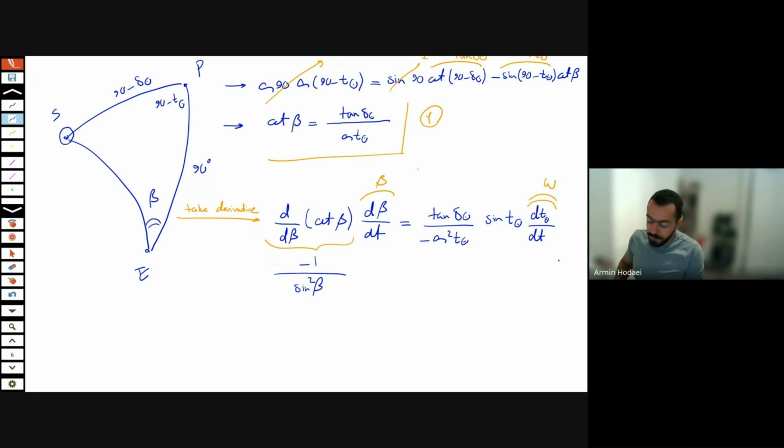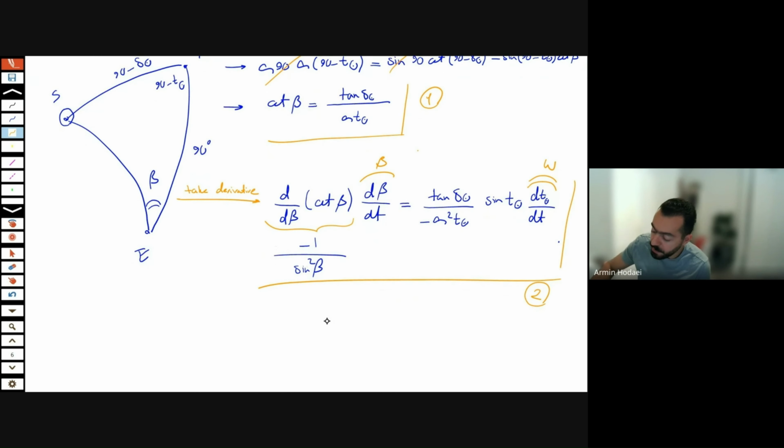Okay, so this is equation number 2. Now I'm going to mix 1 and 2 to find a relation for beta dot. All right.